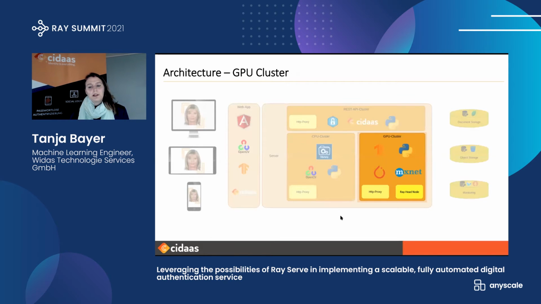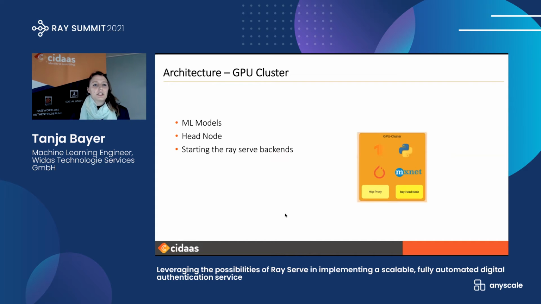The GPU cluster is mainly there for running machine learning models, and all of those machine learning backends always only run one task in sequence, so they're not doing asynchronous processing of the input values. They're doing one task after each other.